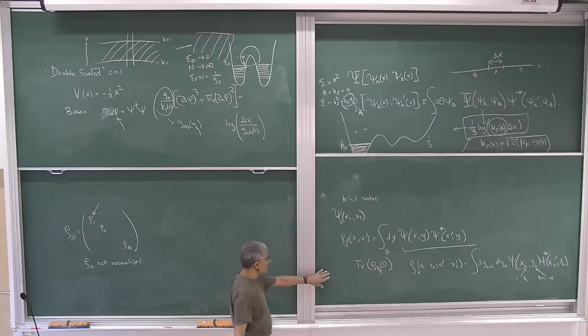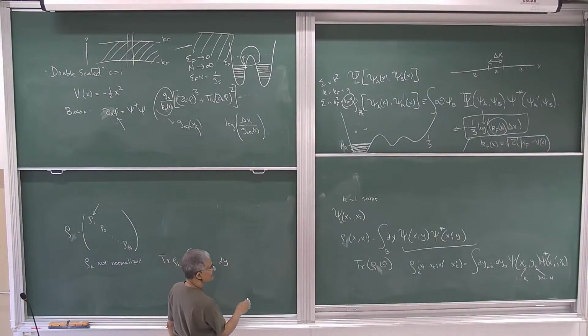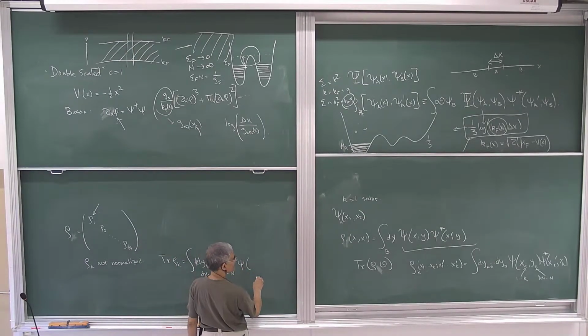From that formula, if I take the trace of rho k, so just for the two particles case, or in general, it's like d y n, d x n, and then psi of y k plus 1 to y n, and the psi star of the same thing now because I'm tracing over.